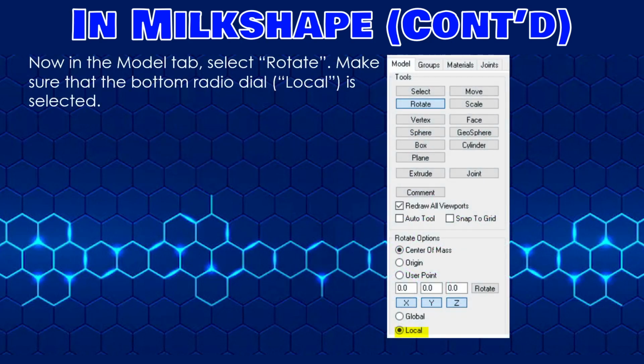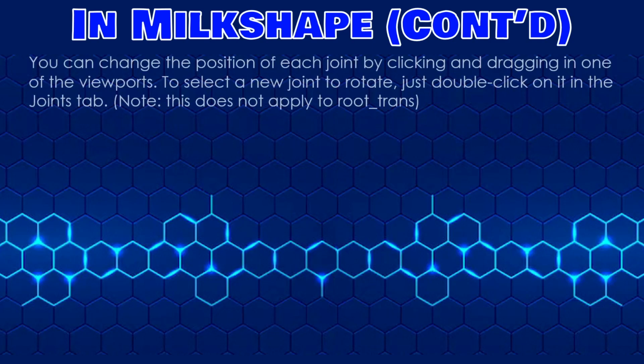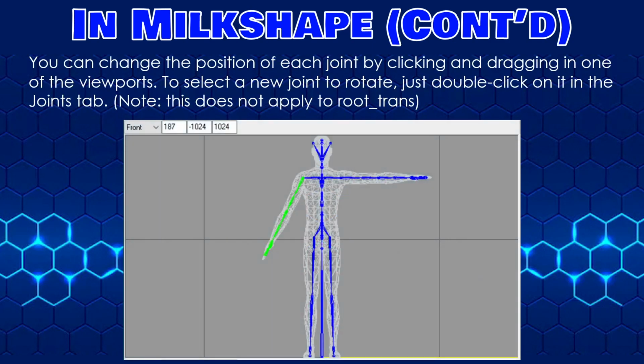Then we hop over to the Model tab, we select the Rotate button, and we make sure that the local radio dial down at the bottom of the tab is selected. And then you can change the position of each joint by clicking and dragging in the viewports. So example, this is the front viewport.